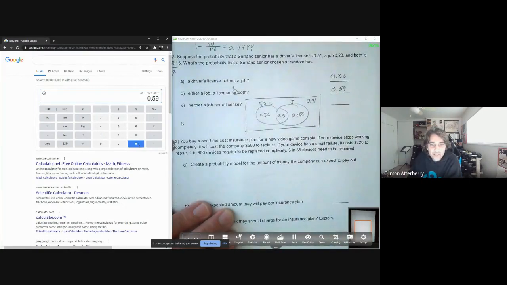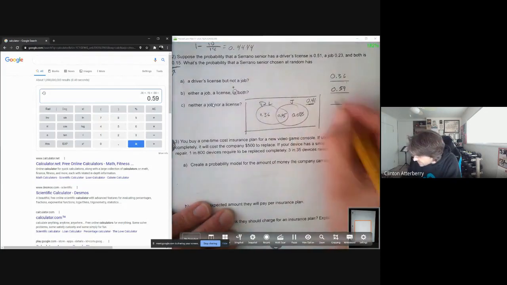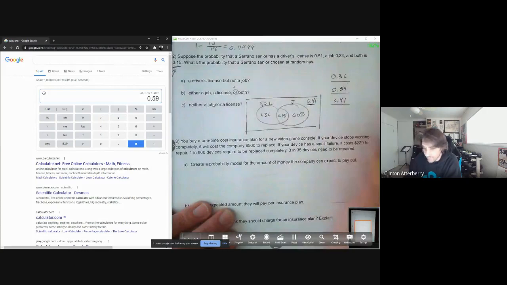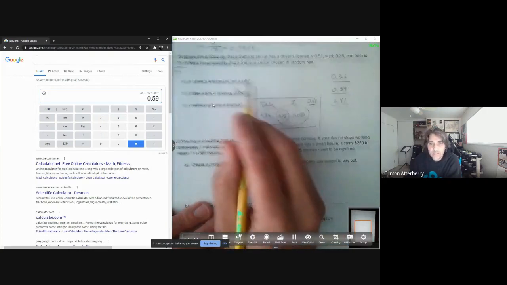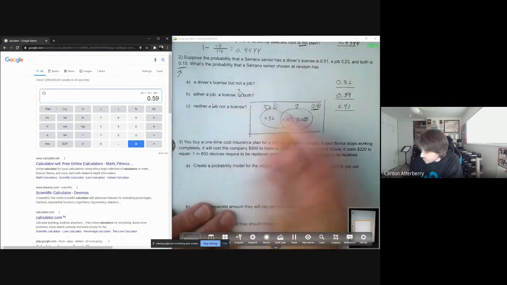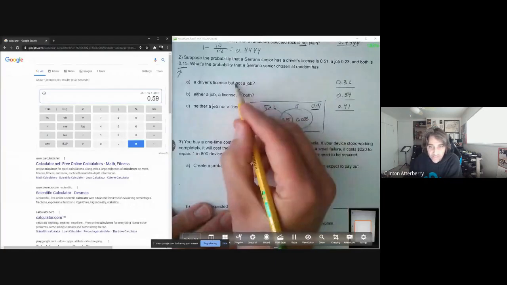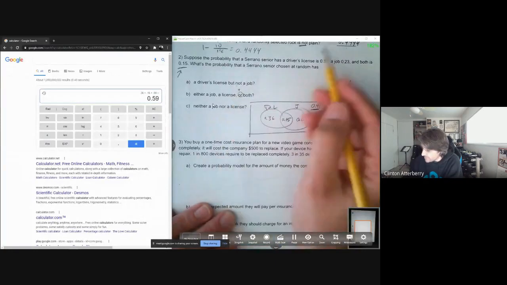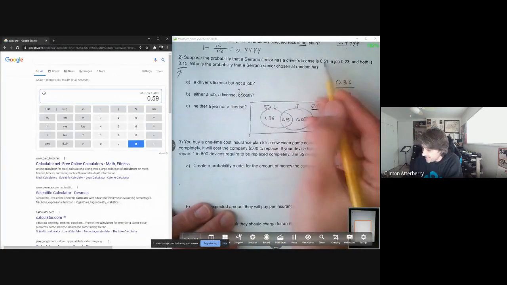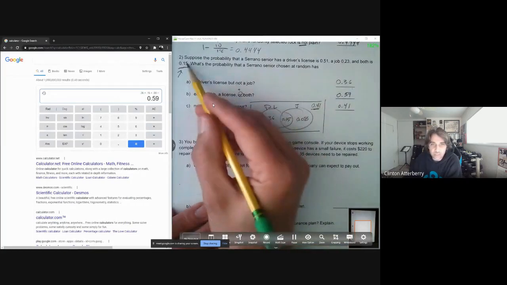And then last but not least, neither a job nor a license, which we already figured out to be 0.41. And remember, when you do your test, you might do all this work for question A, but then all of a sudden you get to question B, and those numbers might change to like 59 and 18 and like 12 or something like that.